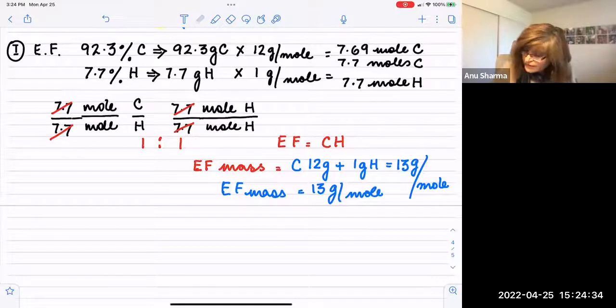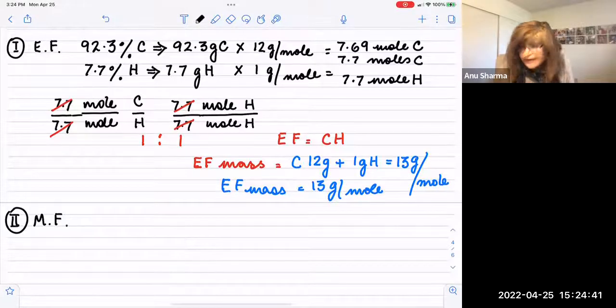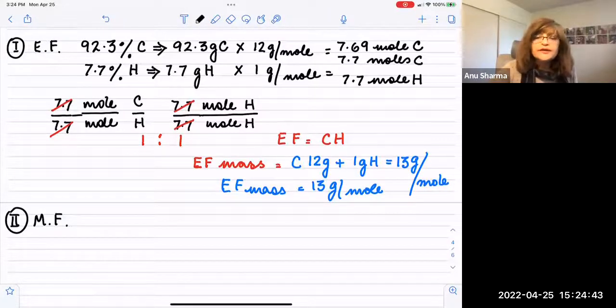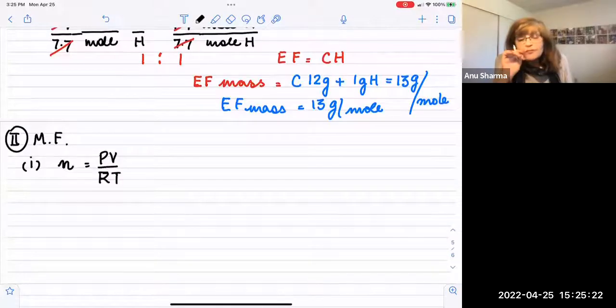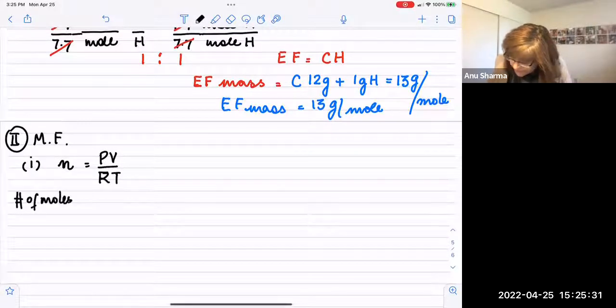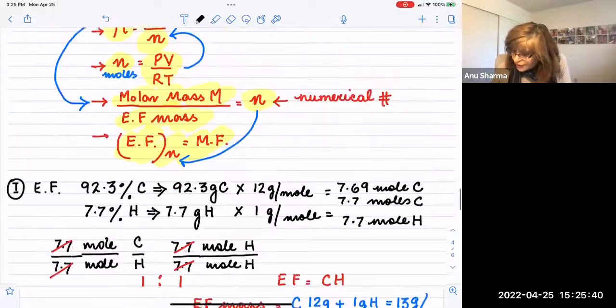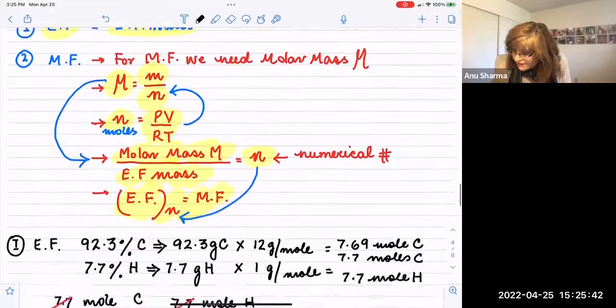Okay, so now let's look at the next step, and that is calculating the molecular formula, and we will do it this way. For the molecular formula, we need to first get the number of moles. That is the number of moles of acetylene as a gas, and that is equal to PV over RT. The value of P given to us is 1.15 atm.